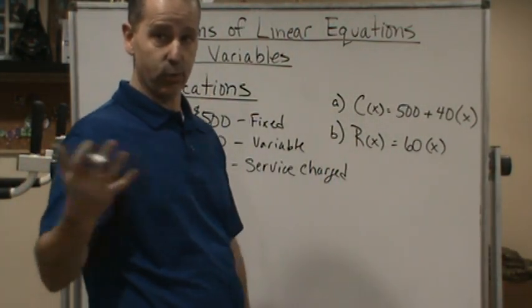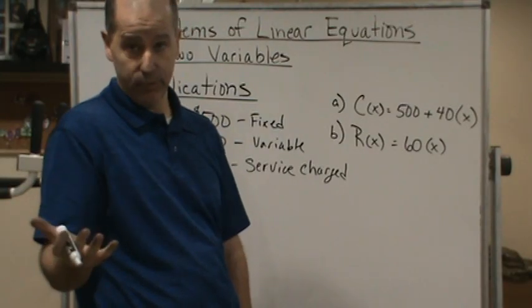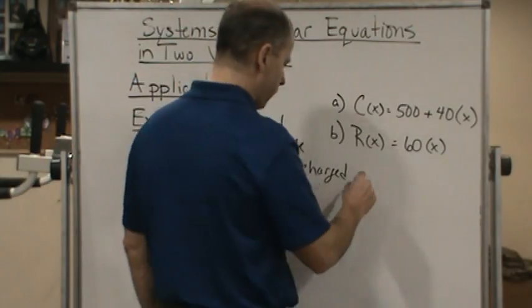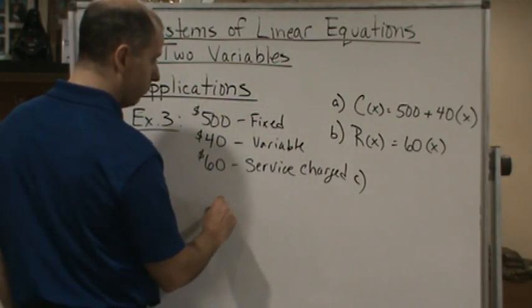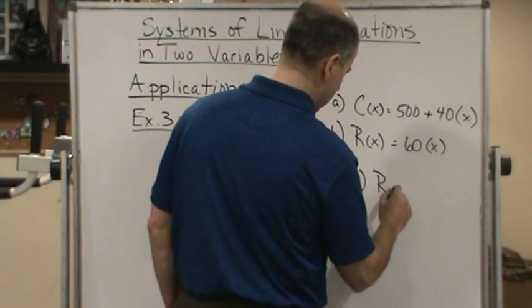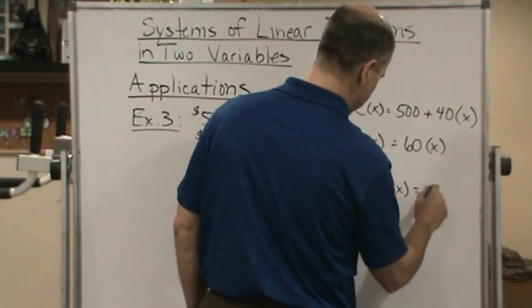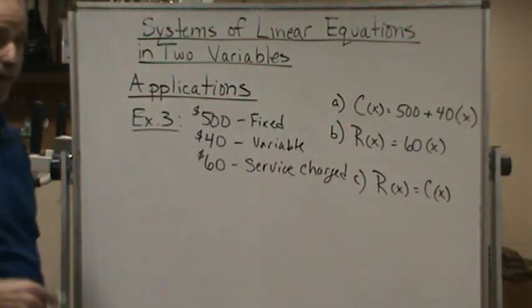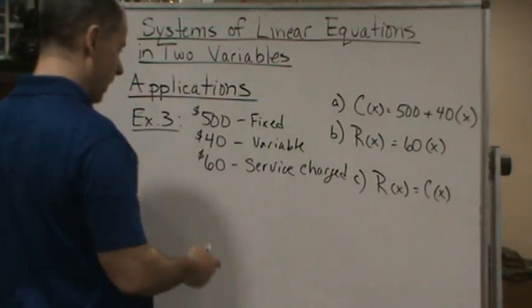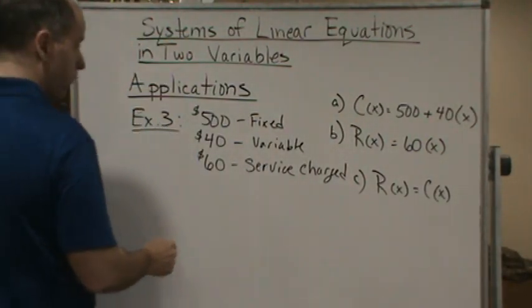If cost is equal to revenue, that's your break-even point by definition. So for C, we're going to set revenue equal to cost and see what value of X gives us our answer.